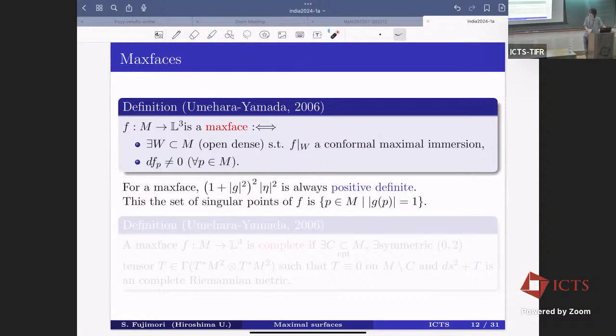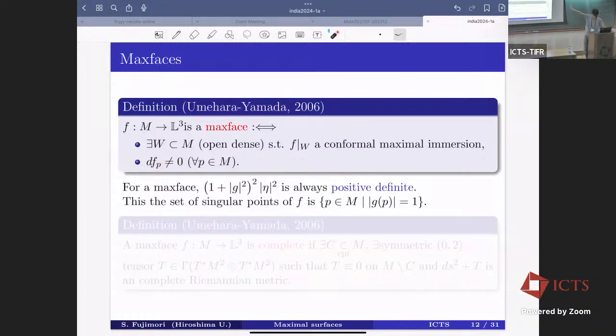For example, in the minimal surface case, the number of omitted values of the Gauss map of a complete minimal surface is at most 4. But if we allow this kind of singularity, DF equal to 0, then this theorem still holds.